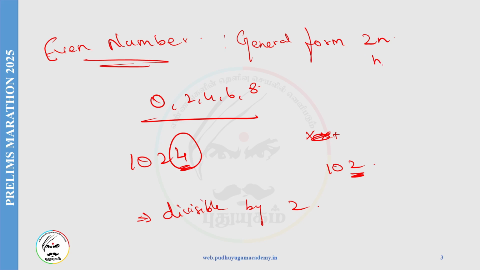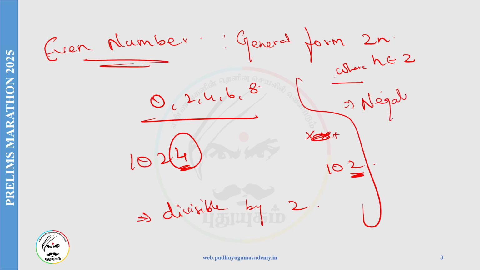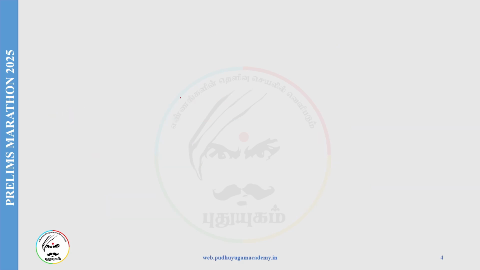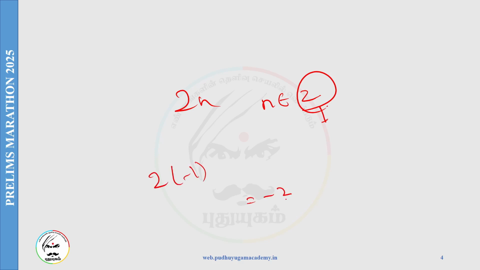So in that, n belongs to Z. You can write it as where n belongs to Z. So what you should note is that negative numbers can also be even numbers, right? That is why we have put the set here. For example, we saw the general form 2n. So now we have said n belongs to Z, Z is integers, right? So if n is -1 then it is -2. -2 is an even number, right? It is a negative even number, right?